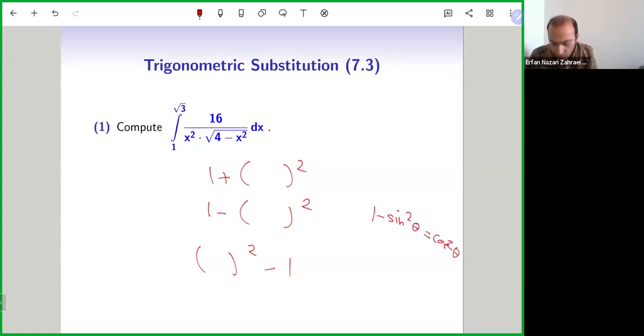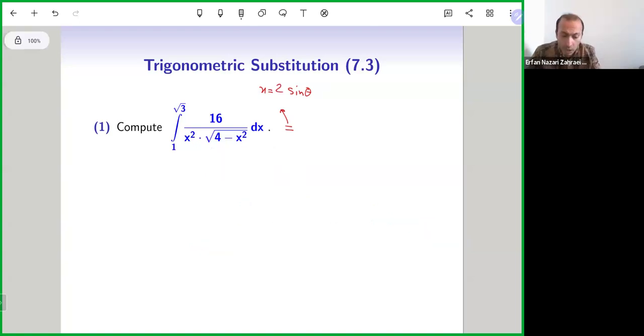So I need to do the substitution with sine theta. But not just sine theta, because that's 4 minus. Recall that I first need to factor this 4. Then after factoring 4, this becomes 4 times 1 minus x over 2 squared. So x over 2 should be sine theta. In other words, x should be 2 sine theta. That's the thinking process that I use to get this substitution.